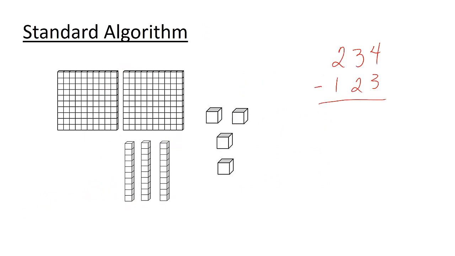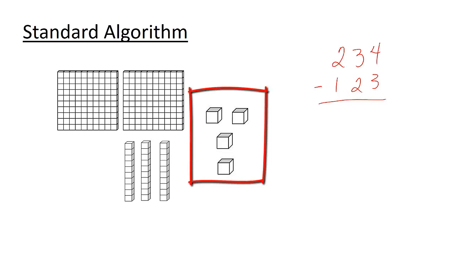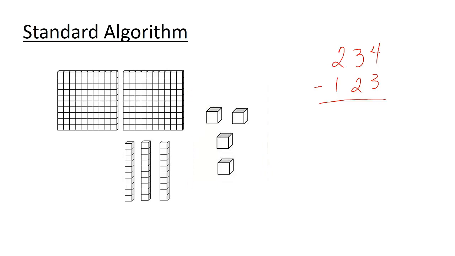Next, let's connect the takeaway model to the standard algorithm using the question 234 take away 123. Notice here that I've already modeled the minuend, 234. Now we're going to begin in the ones column and start taking away blocks in our model. Notice in our model we have 4 ones, and we'd like to take away 3.